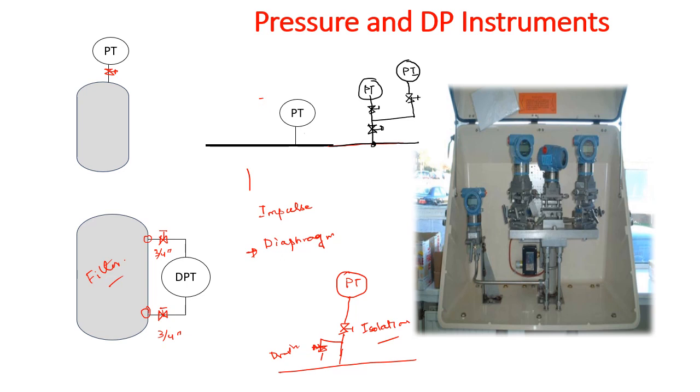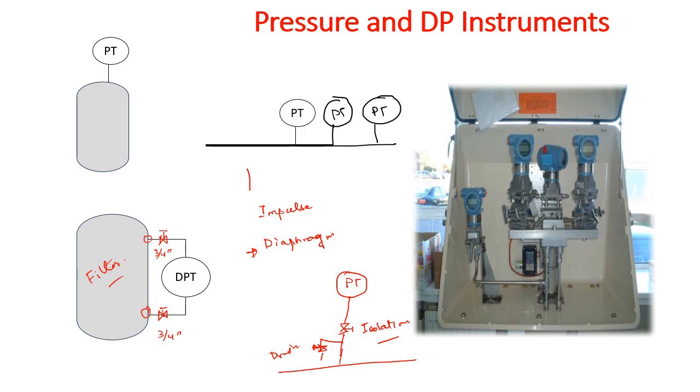Another common thing is 2 out of 3 or 2 out of 2 PT. They can be in the pressure here or somewhere else. How they are shown is, it can be one PT, then another PT, and another PT, and there are tags attached to them.